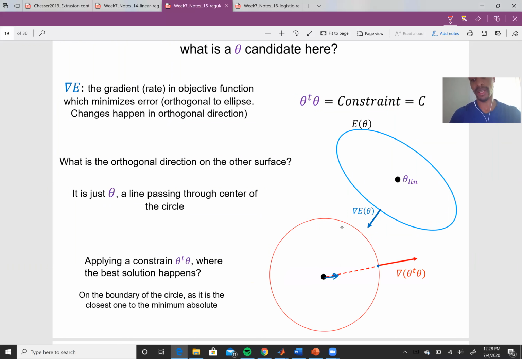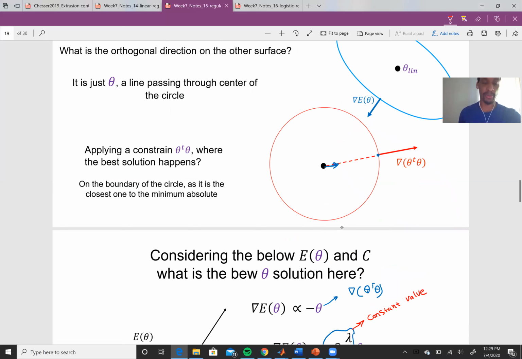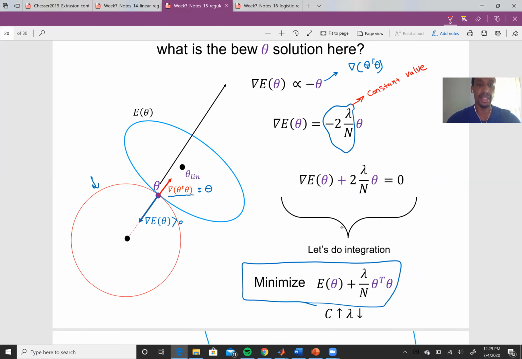So if you take the gradient along this ellipse surface, it's given by this line, and you can also take the gradient at some point of this circle, and the point where you would have both of those things be satisfied is the point where they intersect, right? So you have some error line that's intersecting with the constraint line.